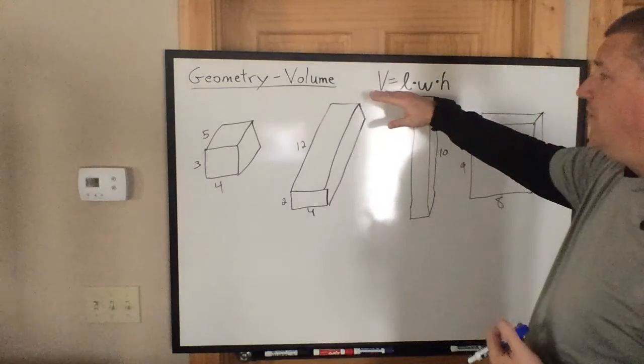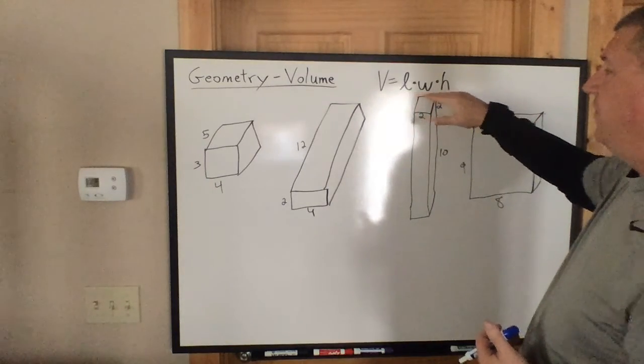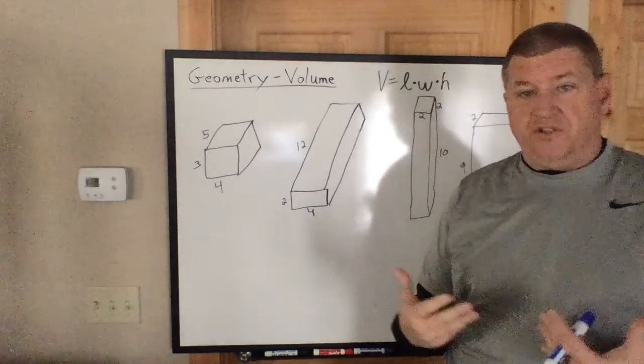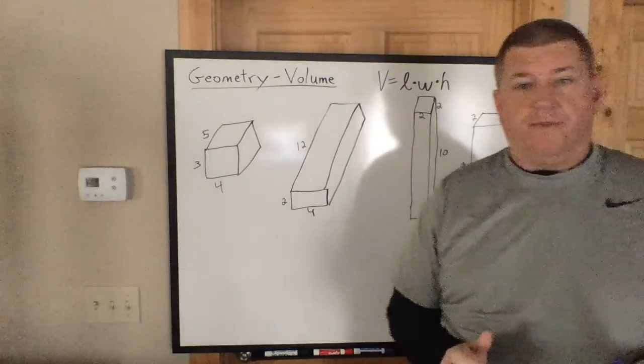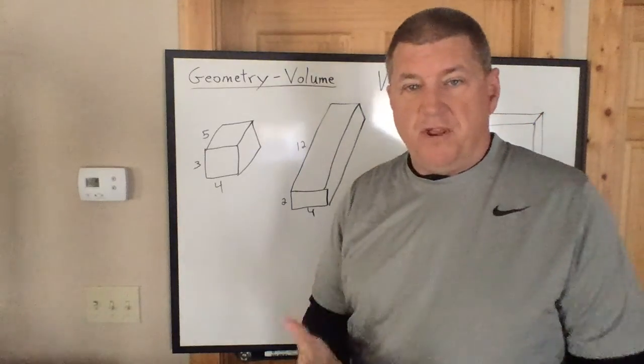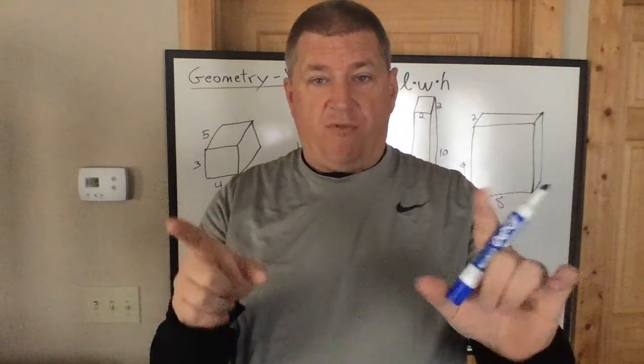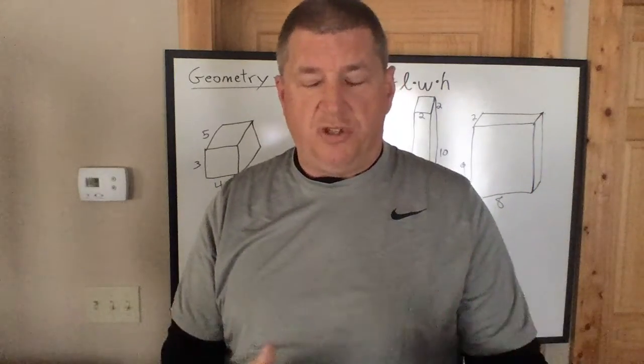The formula being the volume is equal to length times width times height. Now, as you can see from the formula, both operations in there are multiplication, and we know that multiplication is commutative, meaning you can swap the numbers back and forth. 2 times 3 is the same as 3 times 2.